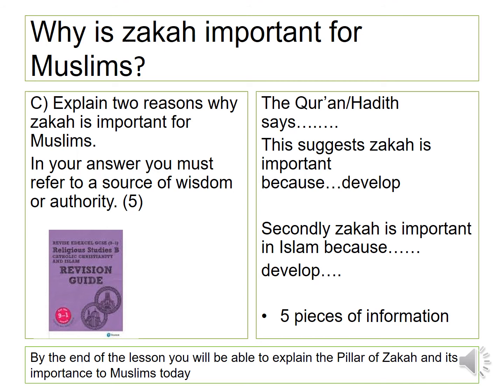So how would you set that out? You would first say the Quran or the Hadith says, and you could use the Quran or Hadith from the previous slide. So what does the Quran say? This suggests zakat is important because, therefore, Muslims today might. You need to have 2 points of information in the first paragraph, and then secondly, zakat is important because this means that Muslims today, or this is important because, develop it, and then another 2 bits of information.